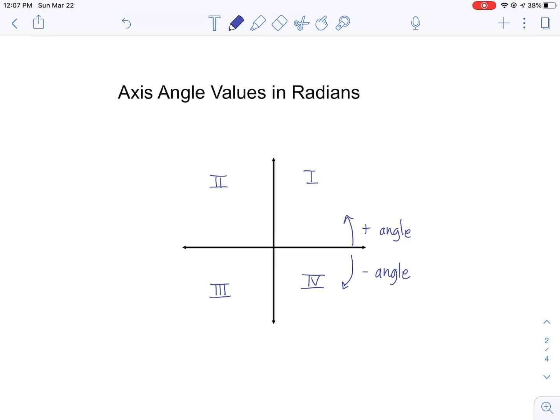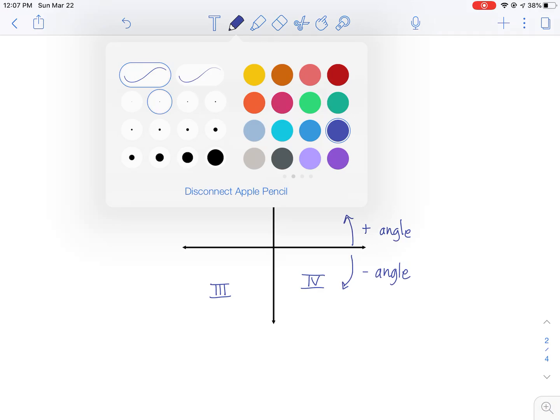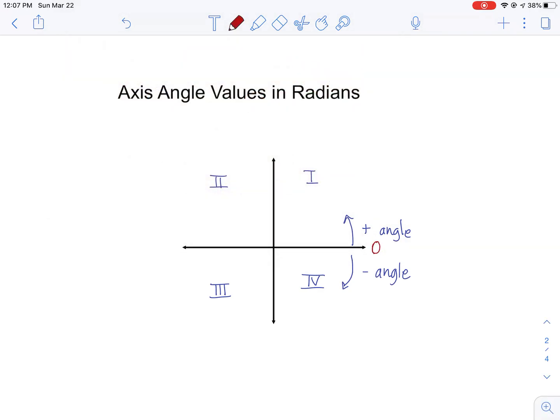Now, in the last notes, we talked about what each of these axis angles were in terms of degrees as your benchmarks on how to place an angle in the correct quadrant. So now we're going to look at it in terms of radians. So here is 0 radians. That's our starting point. Our conversion is 180 degrees is pi radians.